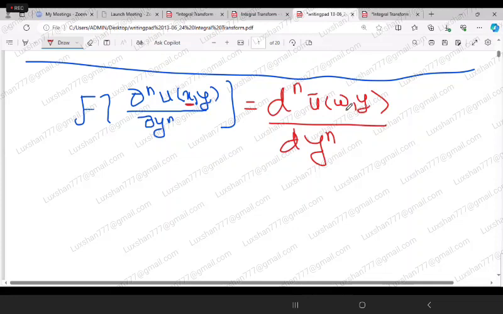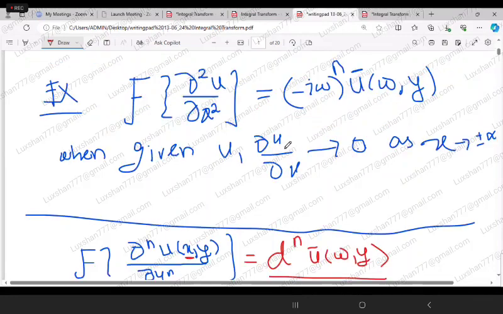You can think omega like constant. So very important, you have to understand this one.